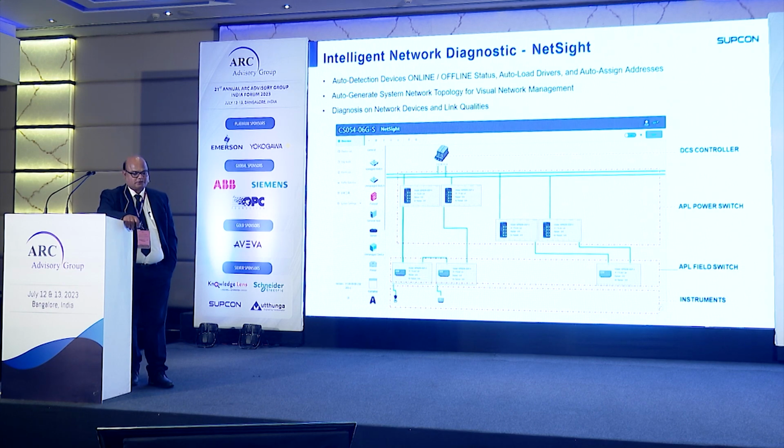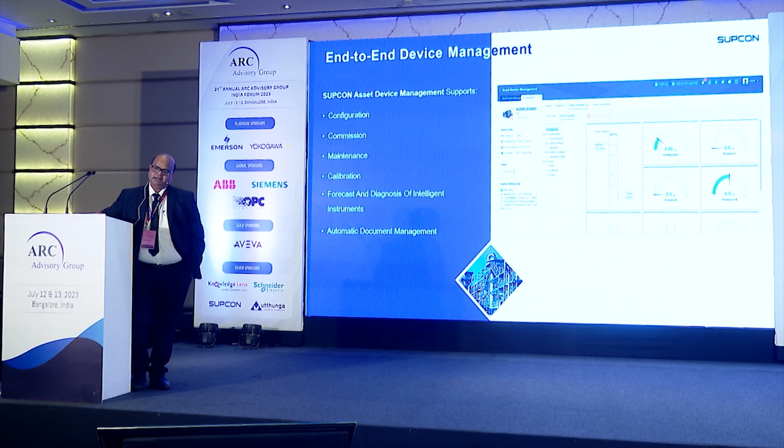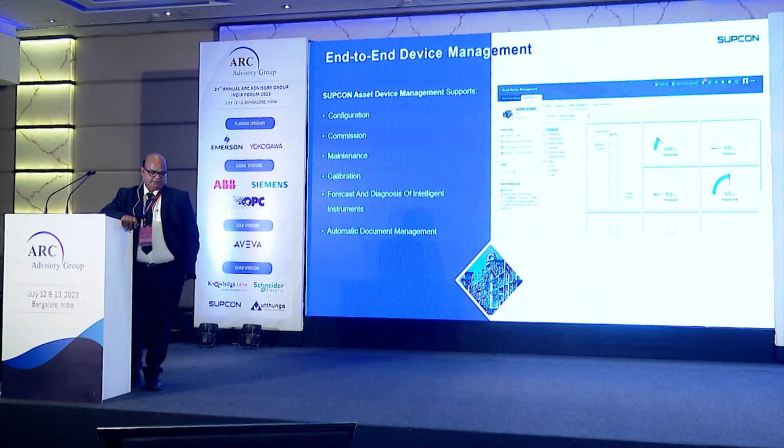So they are having the software from where we can know everything, where is the fault. Again, there is end-to-end device management, meaning Subcon asset device management supports us for configuration, commissioning, maintenance, calibration, forecast and diagnostic of the intelligent instrument, and automatic document management.